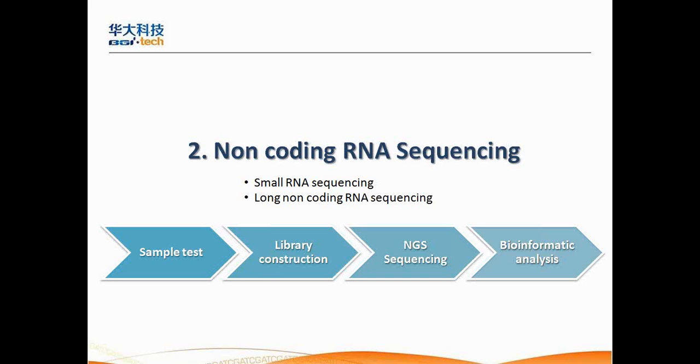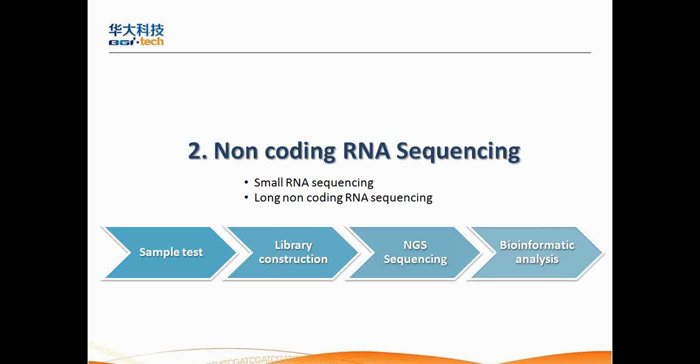The difference between these two, the novel transcriptome and the resequencing transcriptome, is only in the last part, the bioinformatics analysis. For the novel assembly transcriptome, you need to use some software such as Trinity or some other software to assemble the transcriptome.